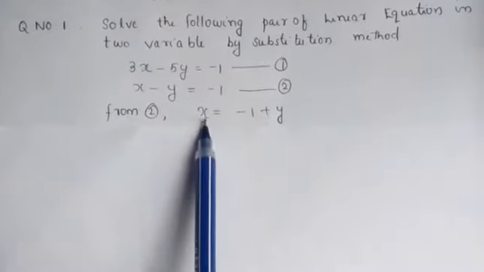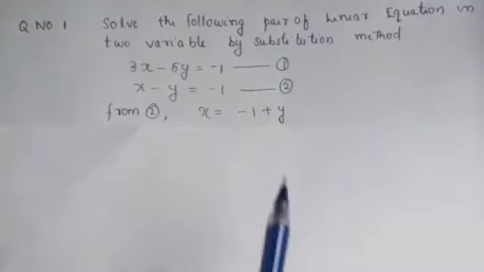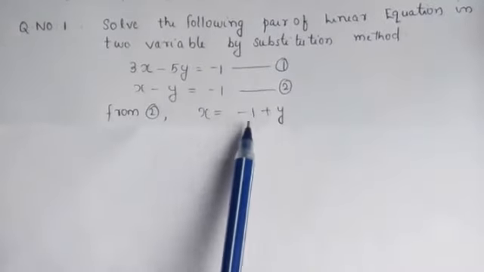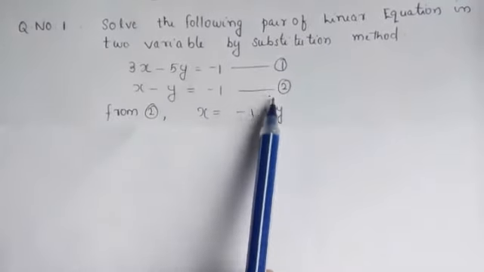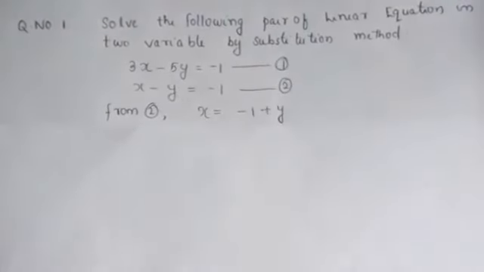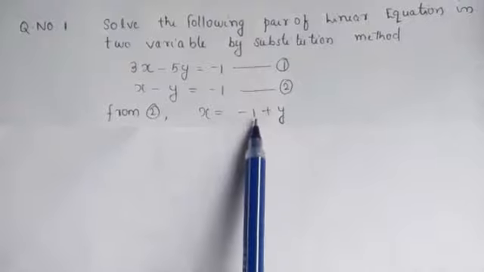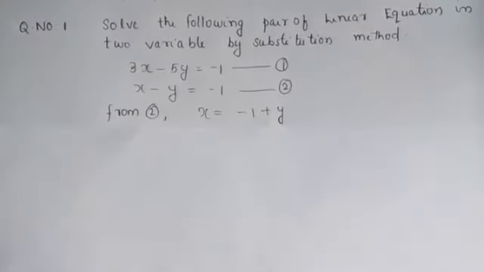This value of x, you should substitute in the first equation. That means we selected x is equal to minus 1 plus y from equation number 2 and this value you should substitute in the first equation. So what do you mean by substitute? Substitute means in the first equation, instead of x you should replace minus 1 plus y.